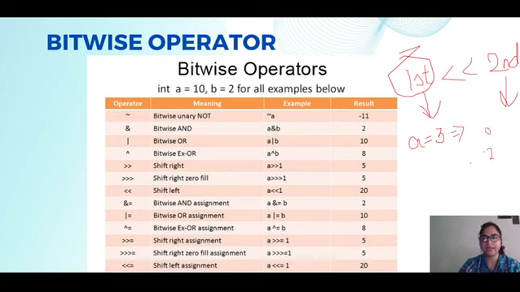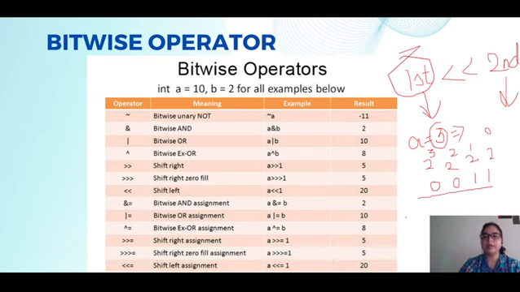If you calculate 2 to the power 0, 2 to the power 1, 2 to the power 2, this is 4, this is 2, this is 1. So the binary representation will be 0, 1, 1. And let's say I use another digit, 2 to the power 3, so I represent this 3 in 4 bits.